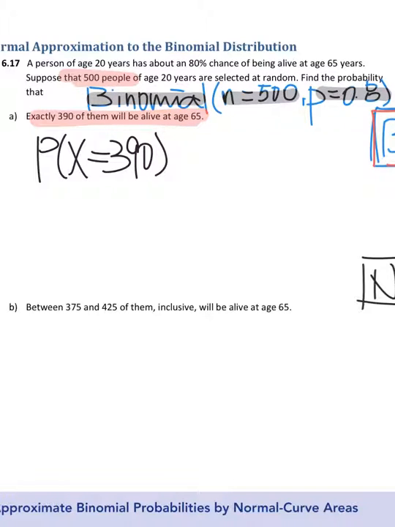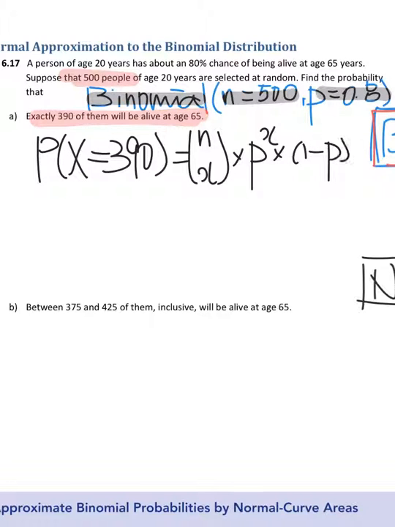Can you remember the probability function? What was the probability function? n choose x times p to the x times 1 minus p to the n minus x. You remember? The first one, how many combinations of successes and failures.